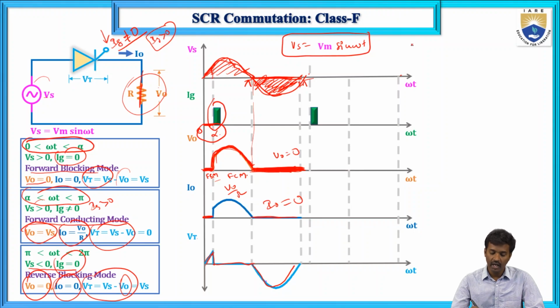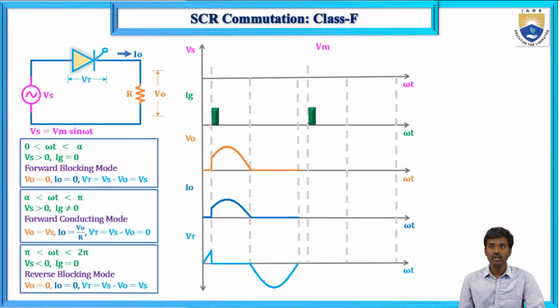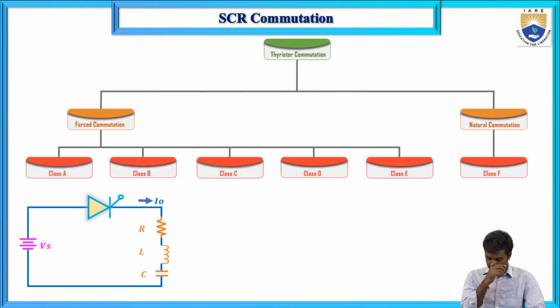This is natural commutation, another name for which is line commutation.